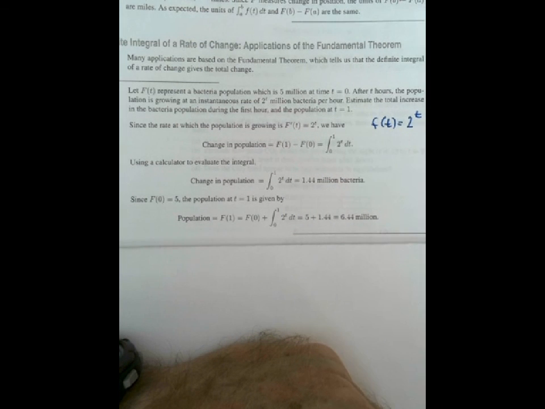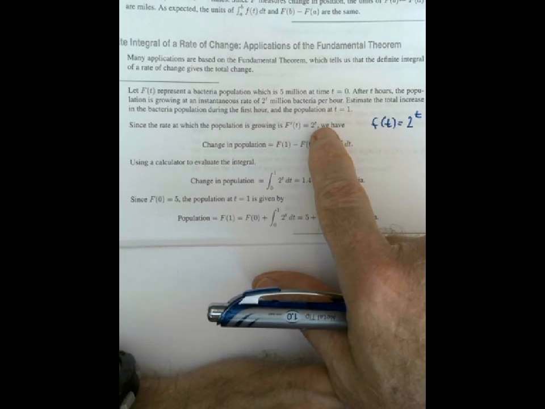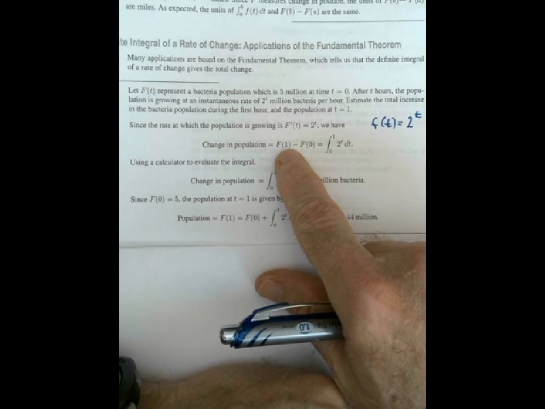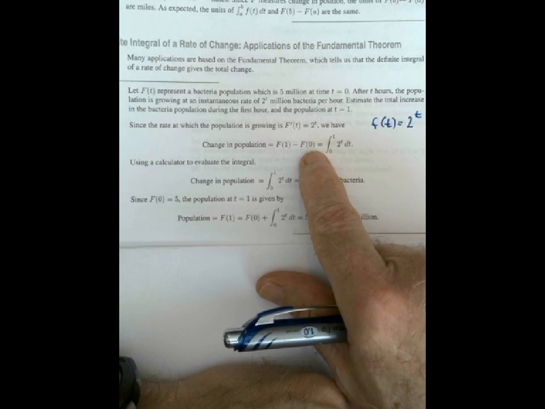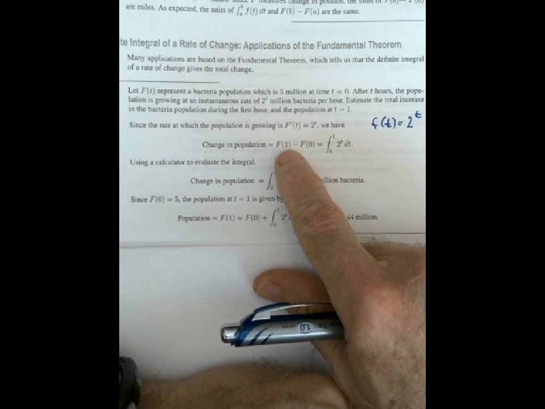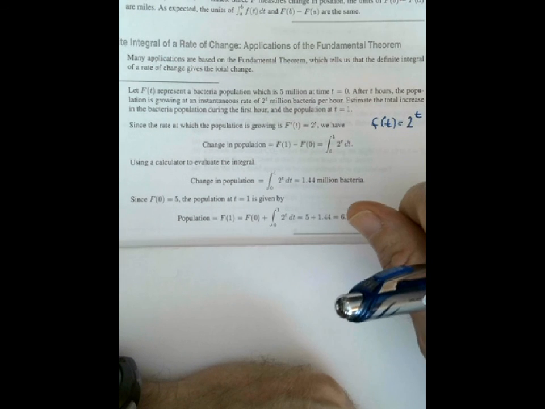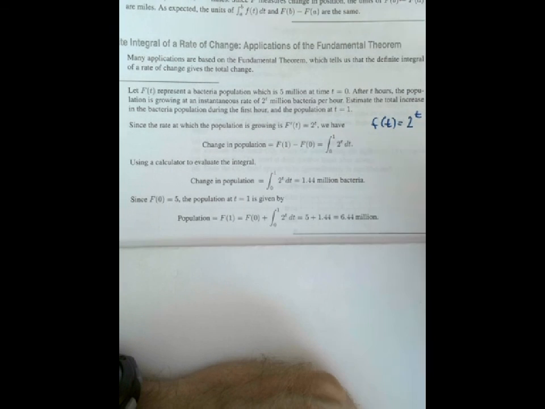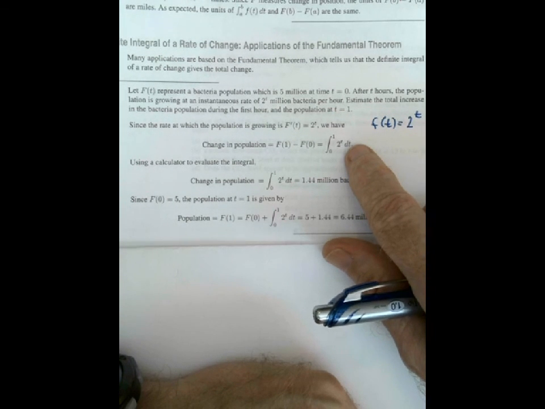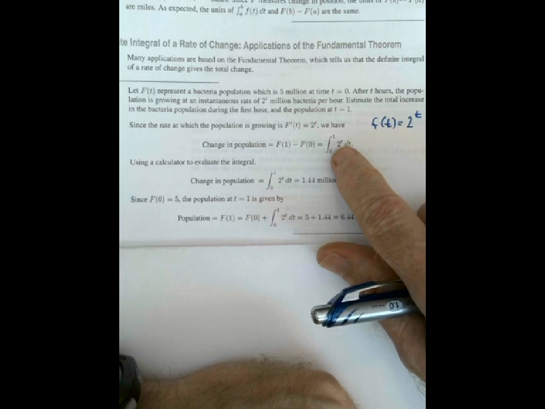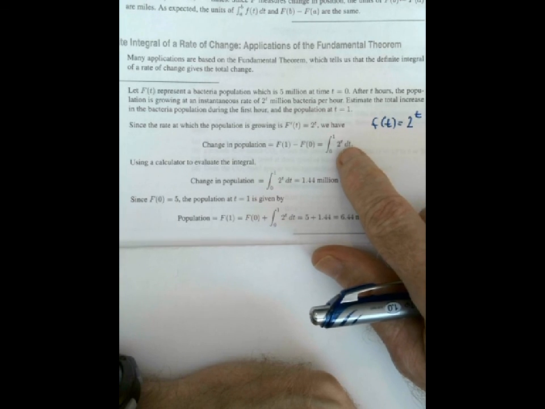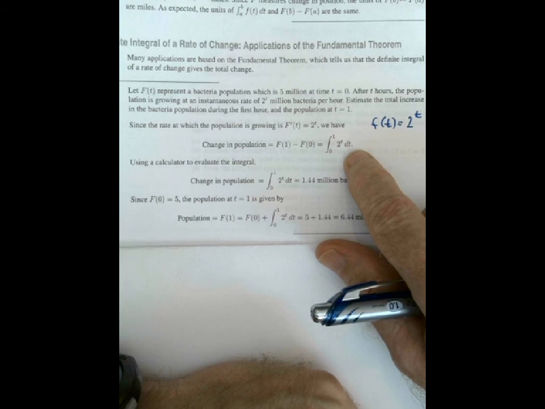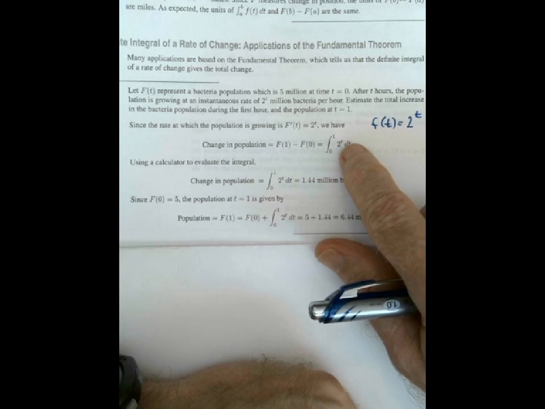So we have this construction: the change in population from hour 0 to hour 1 is capital F of 1, the total population after 1 hour, minus the population at hour 0, which was 5 million, and it's given by the integral from 0 to 1 of 2 to the t dt, where 2 to the t is little f.